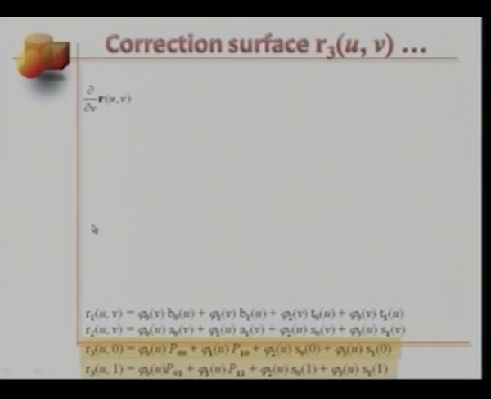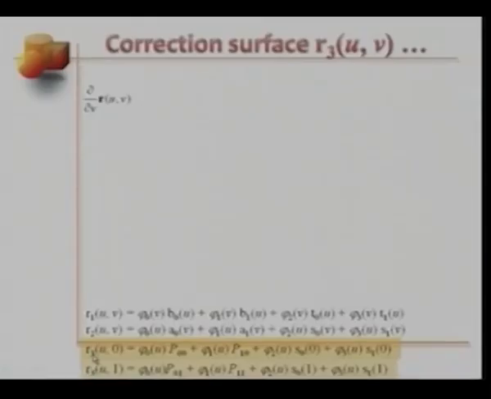All we would want to do now is to think about creating a lofted patch to get r3. And for that, we would need information pertaining to the first partial derivative of r with respect to v. So partial r over partial v is partial r1 over partial v plus partial r2 over partial v minus partial r3 over partial v.